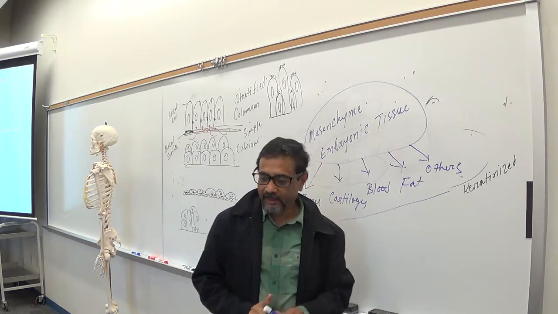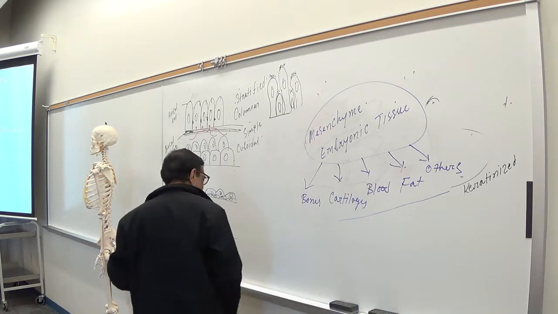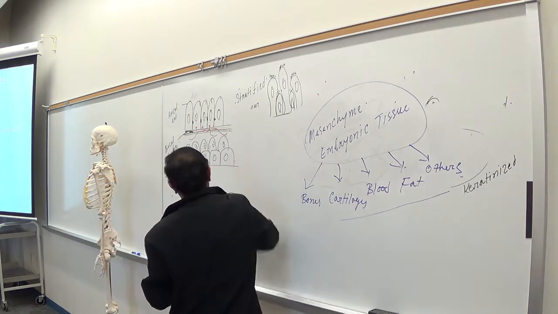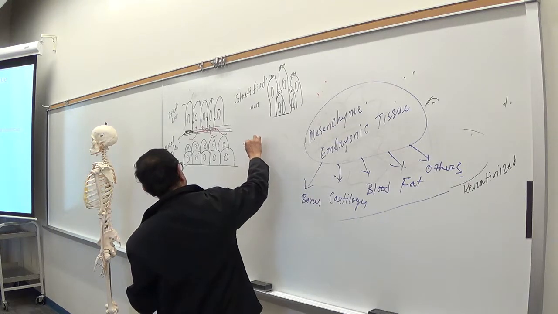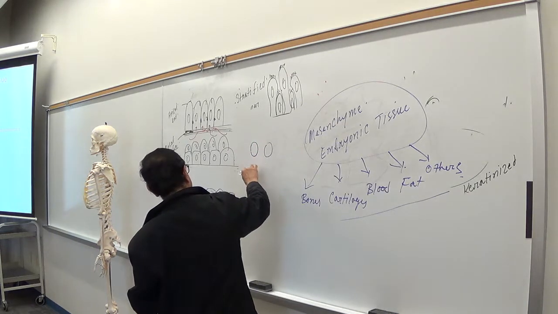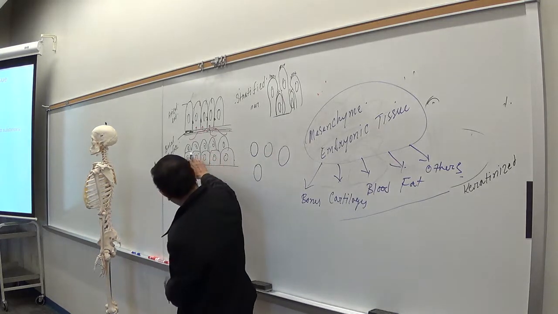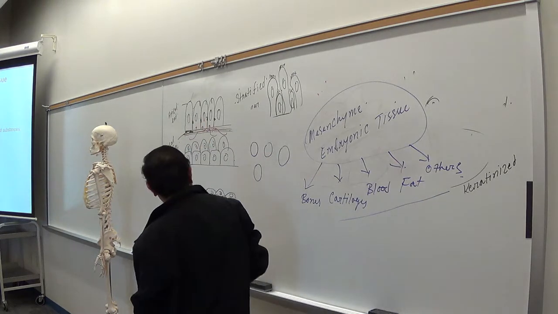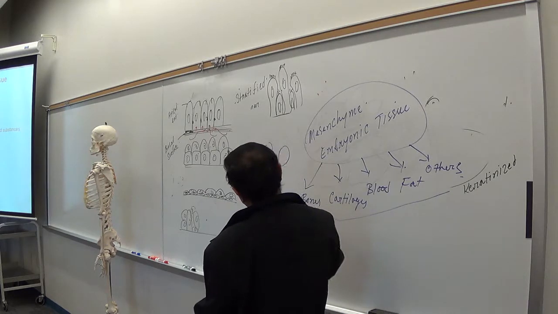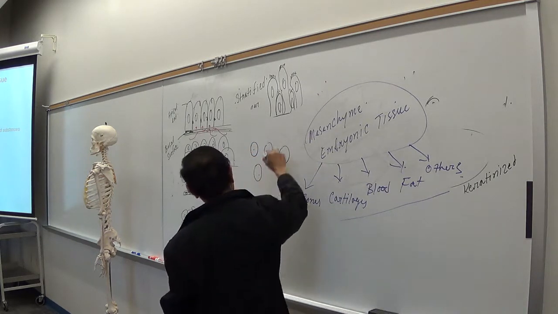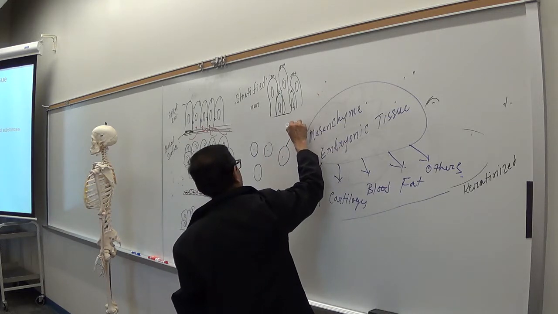Connective tissue has three important components. If you see the connective tissue, in most cases you will see the cells are not attached to each other. In epithelial, I mentioned, they are attached to each other by junctions. But in connective, in most cases, the cells are here and there. So these are the cells.